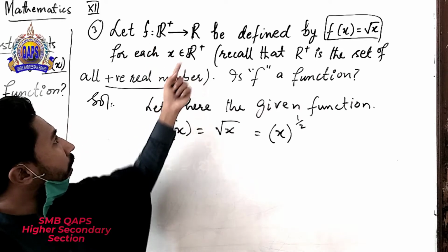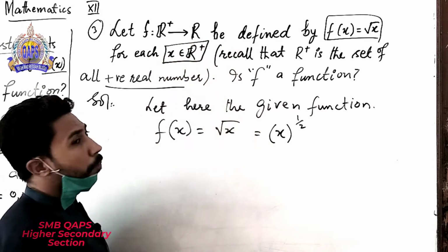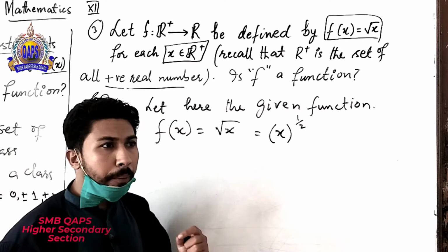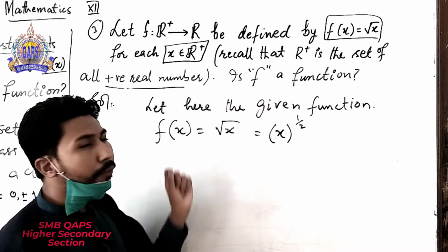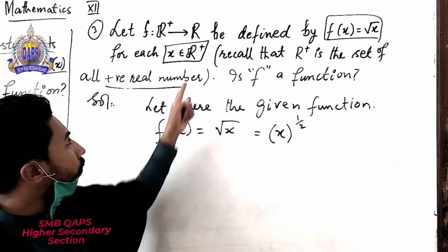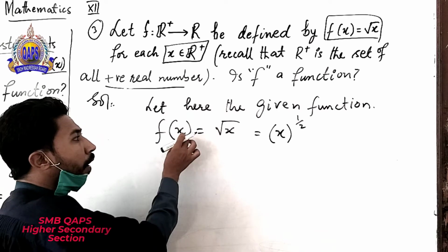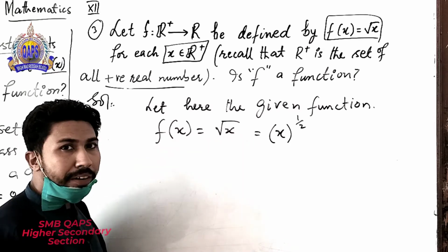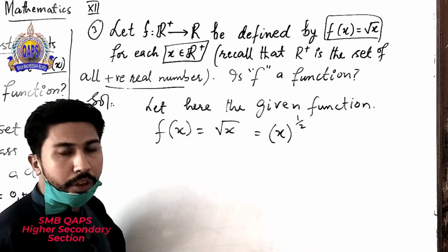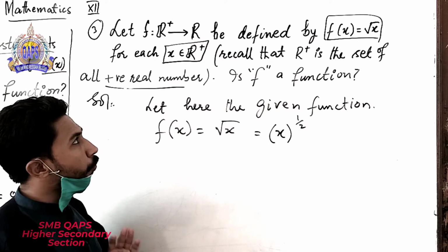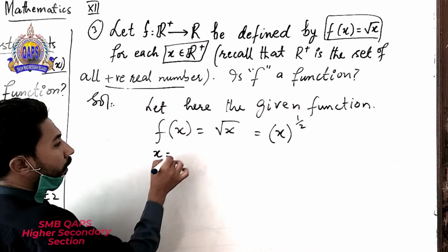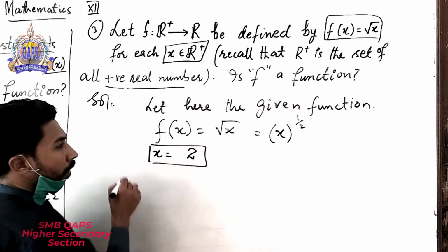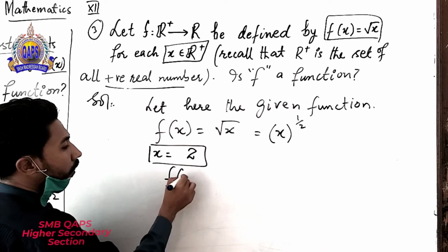So here x contains only positive real numbers, so you can put any positive value in the place of x which belongs to the positive real numbers, and these give us any number related to the real numbers, either positive, negative or neutral. So here we take x as any number, let's suppose 2, then put it in the function f of x.